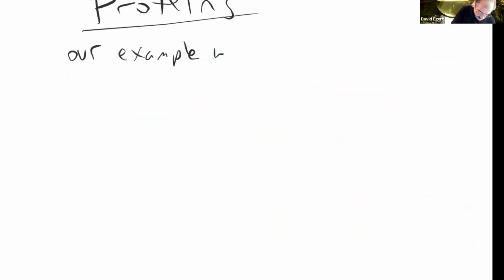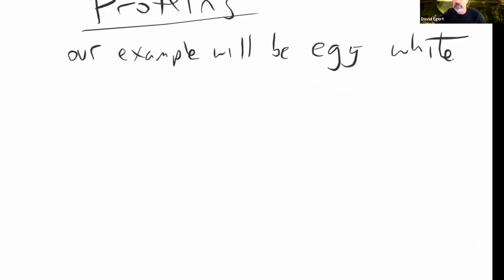Proteins. Our protein in this lab is going to be egg white. Egg white is just albumin. So cooked egg white, that white rubbery stuff, is just a bunch of tangled up protein.